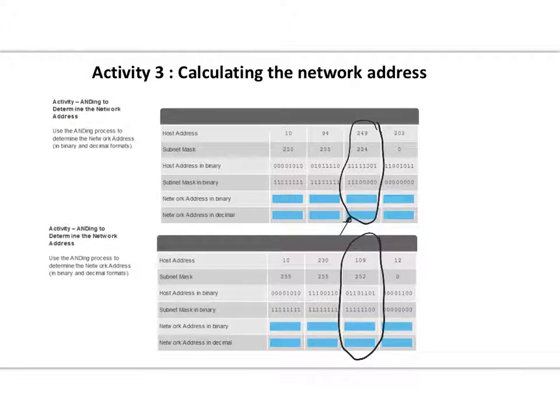زي ما قلنا, so it's very easy when you apply anything to the mask. You just need to see where the mask is not 255, because if the mask has 255, then this part of the address goes the same. It does not change because 255 is all ones, صح? So this part stays the same here.